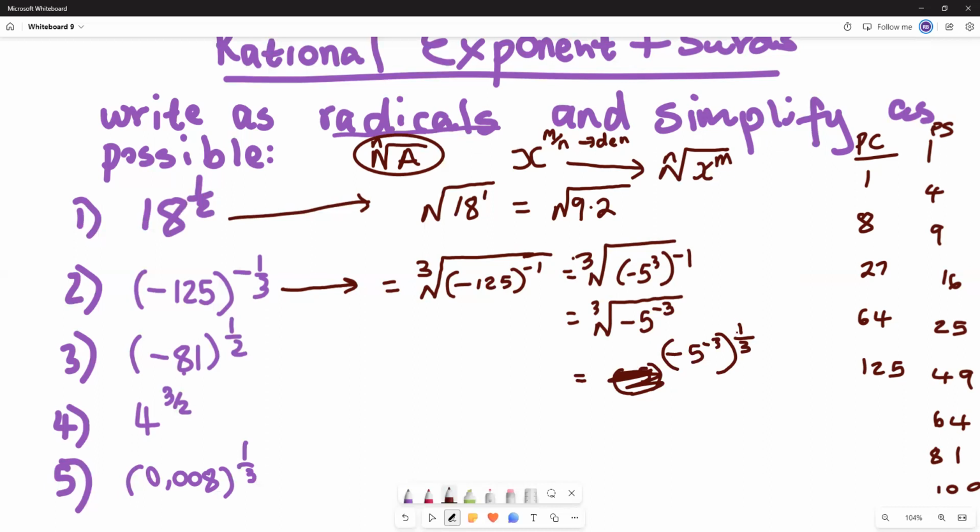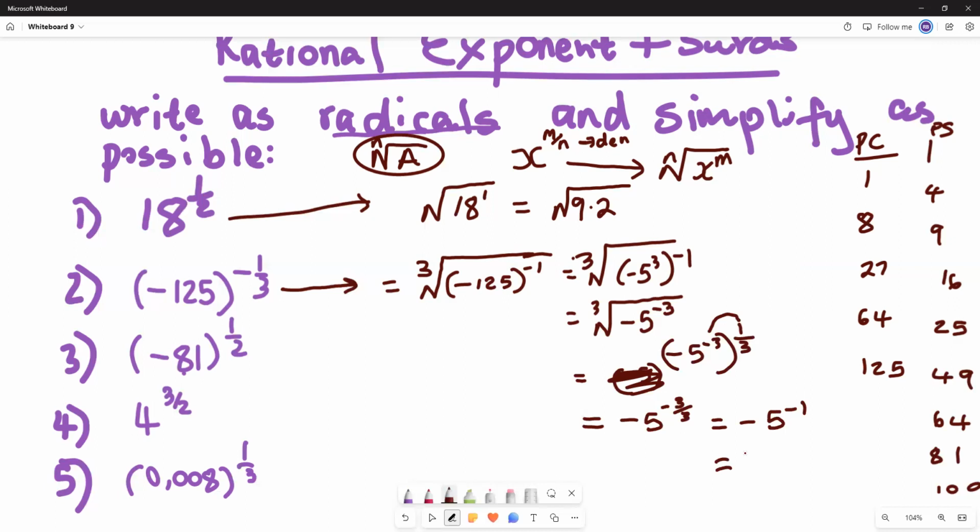But because there's nothing to put there, you put 1 over. So this is basically -5. You could have just said the inside exponent divided by the root, or you can simply multiply that. It will still give you -5 to the power -1.